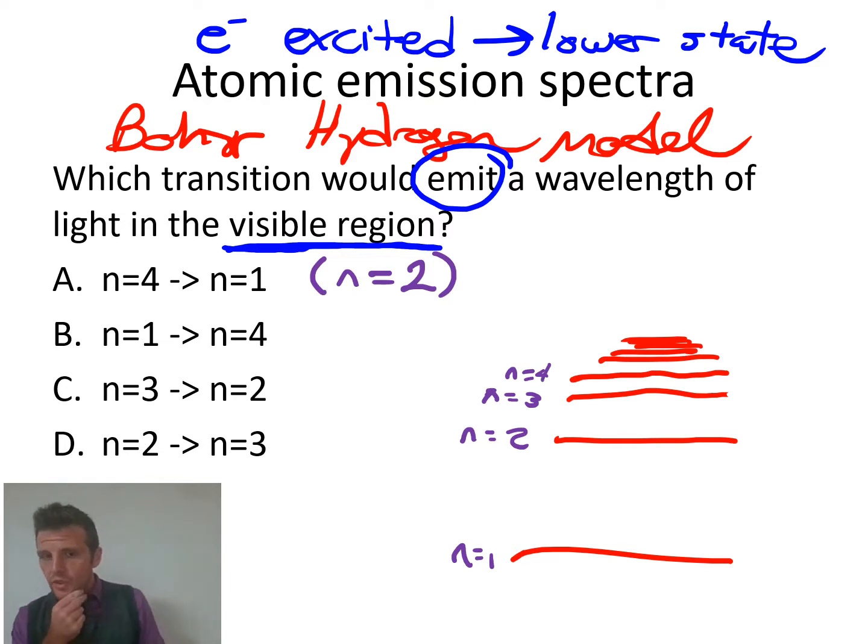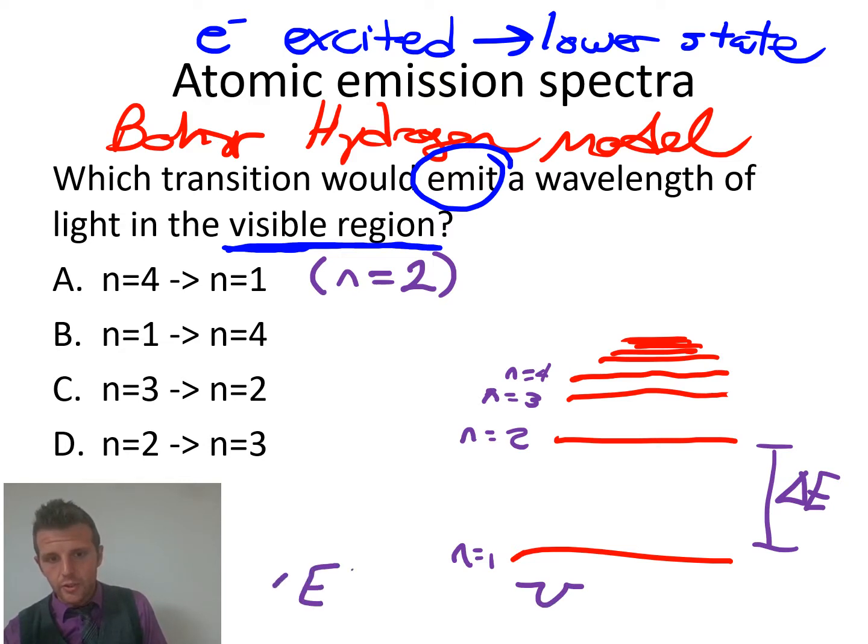The reason being, the transition from 2 to 1, since we're closer to the nucleus, the energy difference is larger. The change in energy is going to be greater, which means the frequency is going to be higher, and it's so high that it actually gets into the ultraviolet range. And we aren't able to see that.